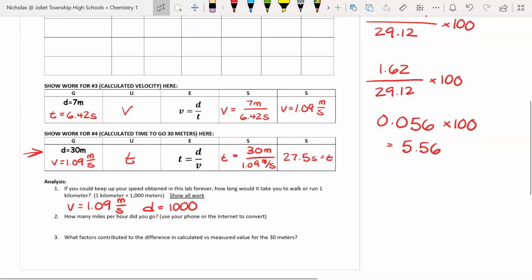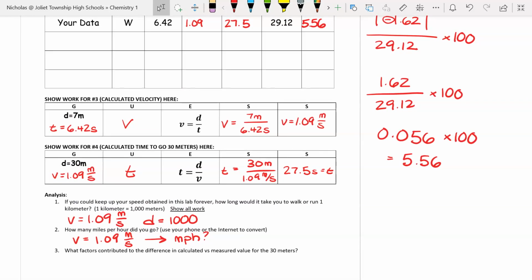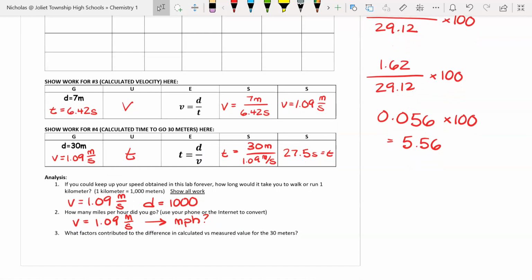The second question says, how many miles per hour did you go? You're going to take your velocity of 1.09 meters per second, and you need to Google what that would be in miles per hour. The third part, you're going to have a difficult time doing if you weren't actually there to see it. It says, what factors contributed to the difference in calculated versus measured value for the 30 meters?